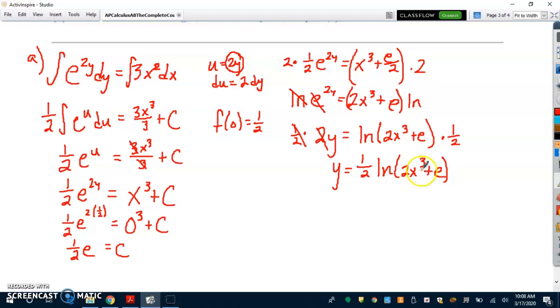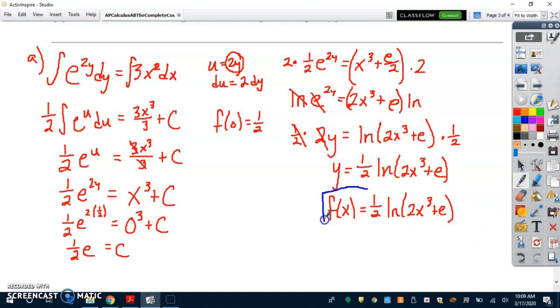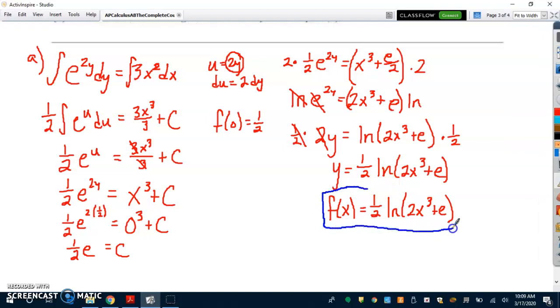And now I've got that particular solution for this differential equation, f of x equals 1/2 natural log of 2x cubed plus e. Alright, so there's our solution. I'll sort of box that in blue here. That's our particular solution to the differential equation with the initial condition f of 0 equals 1/2. So that's the answer to letter A.